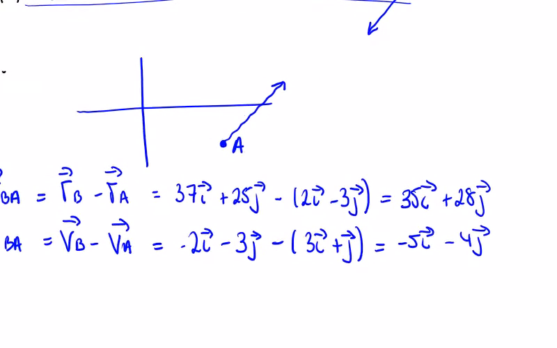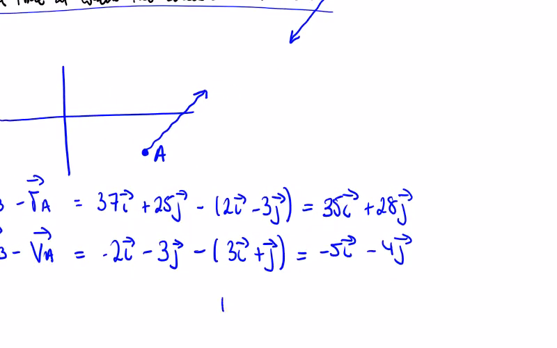So you can see here that the displacement of B relative to A is equal to minus 7 times the velocity of B relative to A. So therefore, on collision course.